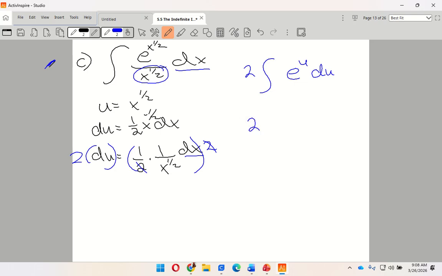That's going to give me 2 e to the u plus c. And since we know what u is, so 2 e to the x to the 1/2 plus c.